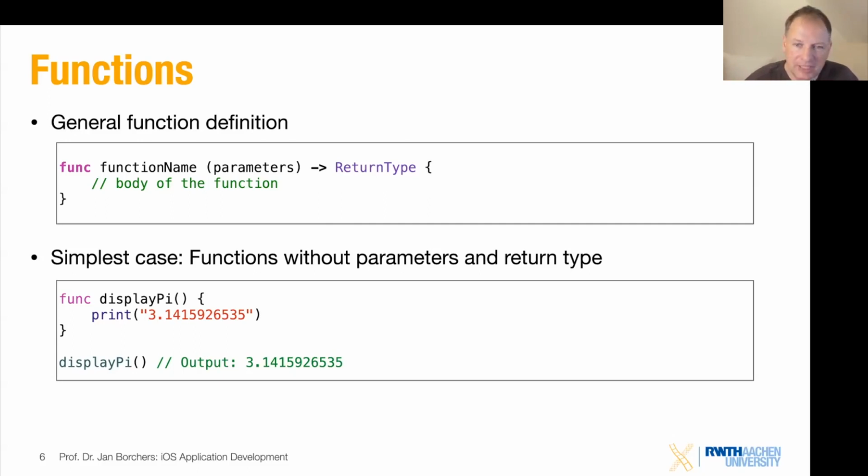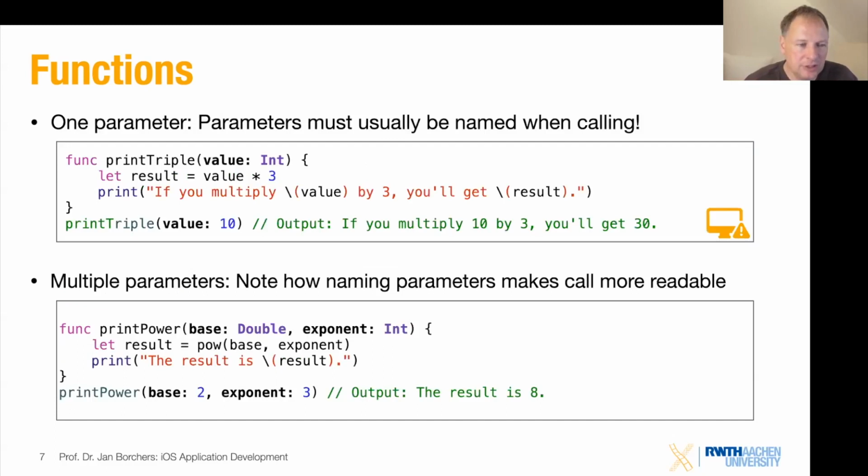Now, next up in complexity, of course, is if you add a parameter. If we only have one parameter, it looks like what we've got at the top there. There are a couple of things that I want to point out here that are unique about Swift and that let you get a taste of how Swift expects you to write things. First of all, we're specifying the value, and then there's a colon.